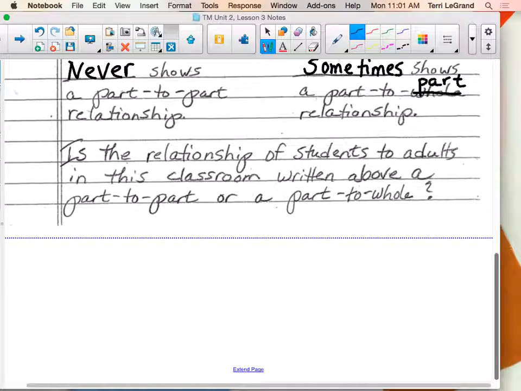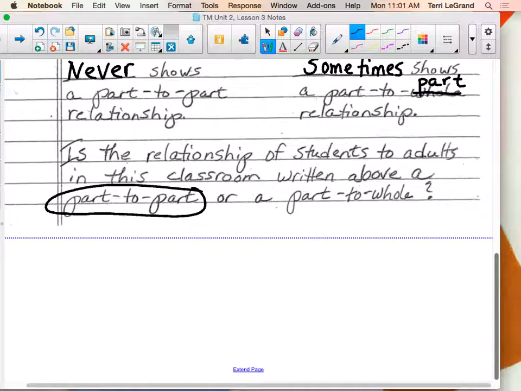Okay. How many people are there all together in this room? 18. Isn't that the whole? Yeah. The whole is 18. So are we doing a part-to-whole relationship? No, we're doing a part-to-part.